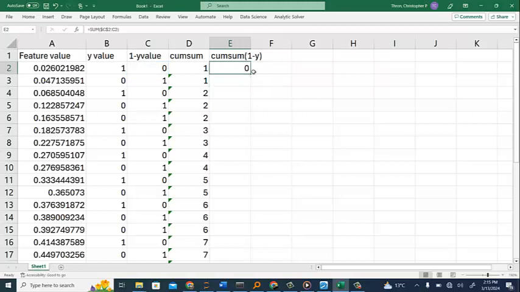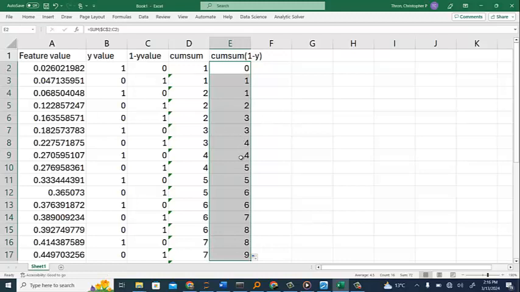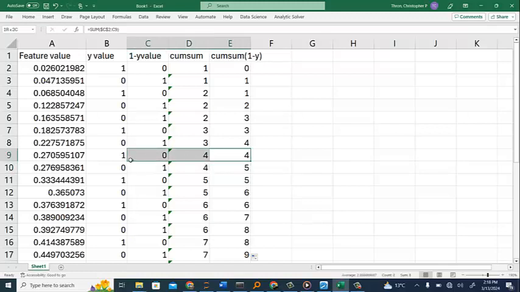And then if I take this down and I fill down, you can see that, for instance, right here, this 4 indicates the number of zeros below this value. Right? If I count from this threshold, I have 1, 2, 3, 4 zeros.